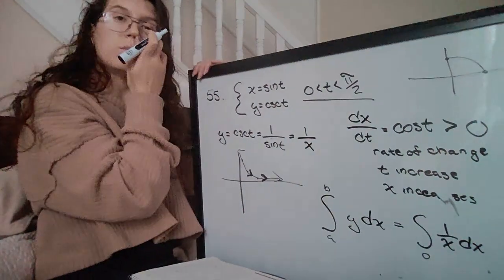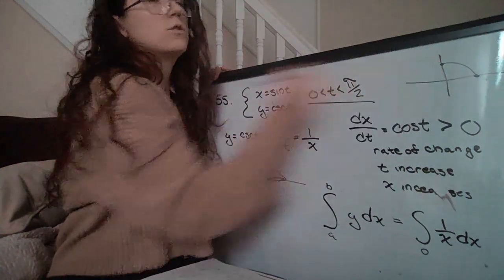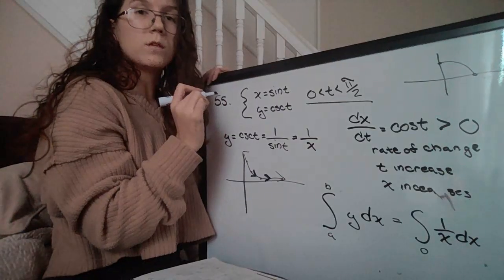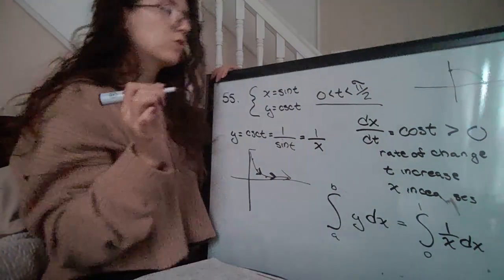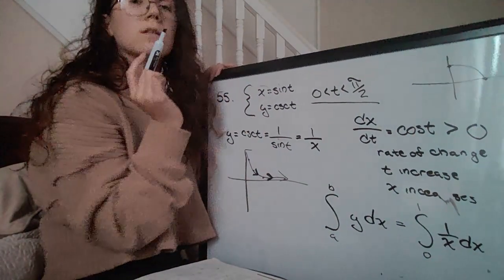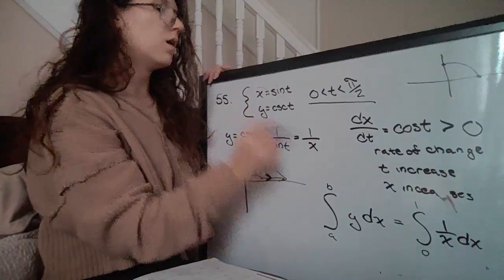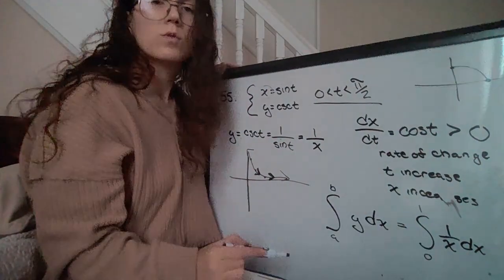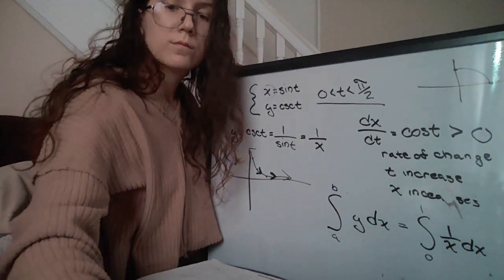And then I plug in pi over 2. What's the sine of pi over 2? It's our y value, that's going to be 1. So this is actually going to be our integral from 0 to 1. Those are x values, that's how we found them. And then of 1 over x with respect to x, or dx.